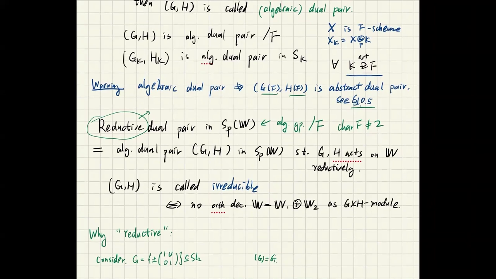So G and H are reductive groups, and G and H form a dual pair inside the SPW, where W is a symplectic space defined over F, and the SPW will be viewed as an algebraic group defined over F. For the theory to work, let's assume the characteristic of F is not equal to 2.